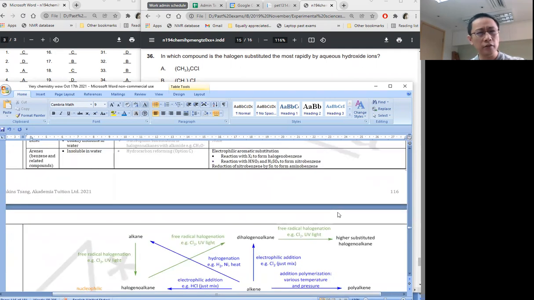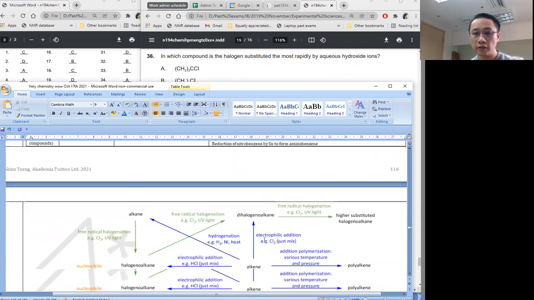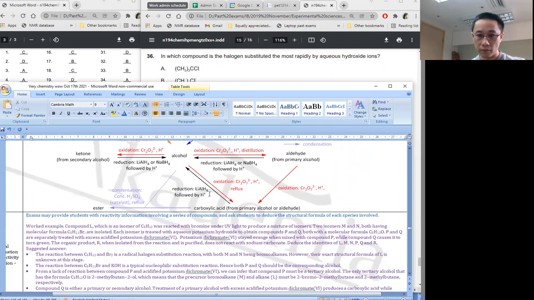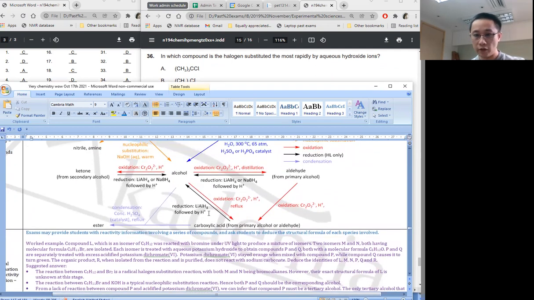The old 2015 syllabus actually has one of these roadmaps within the syllabus. Here is a version that I made. You can see that alcohols can be converted into an aldehyde, which can be converted into a carboxylic acid.